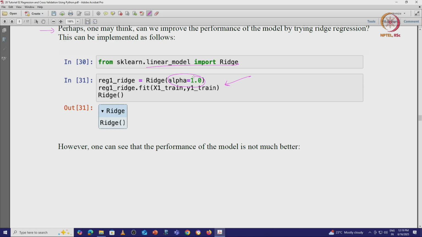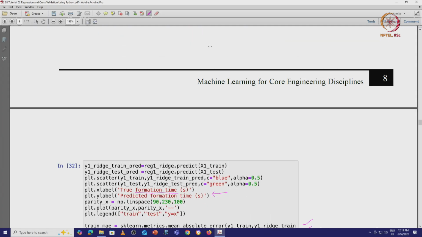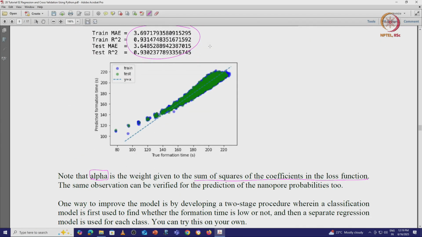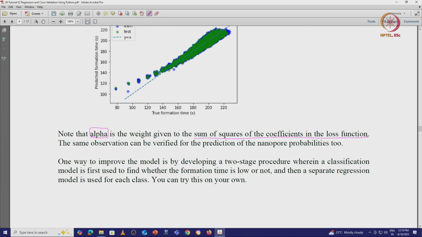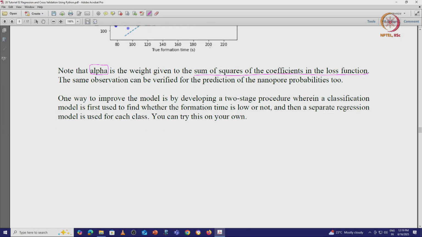This alpha is the weight given to the sum of squares of the coefficients in the loss function. If you remember, the loss function is the usual mean squared error plus a regularization term, and the higher the alpha, the more penalty there will be if the coefficients are really high. I hope that makes sense. So we are going to use that and see how things work.